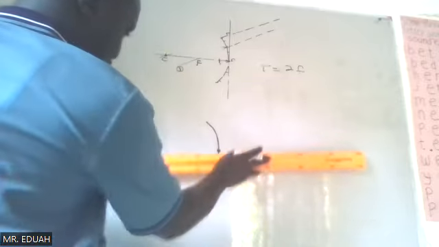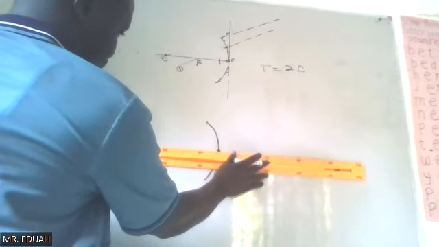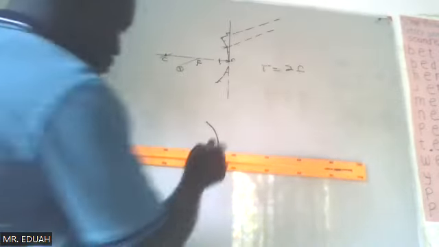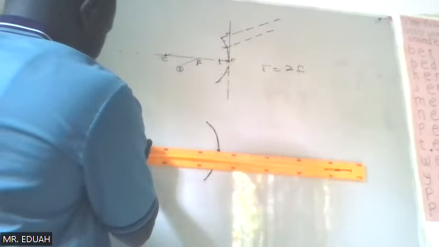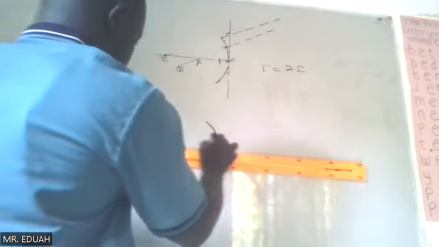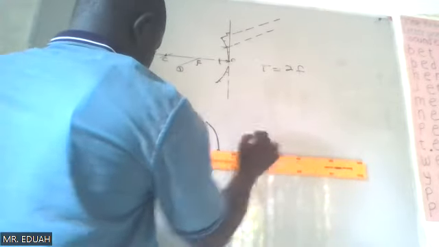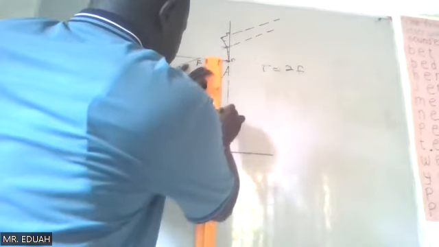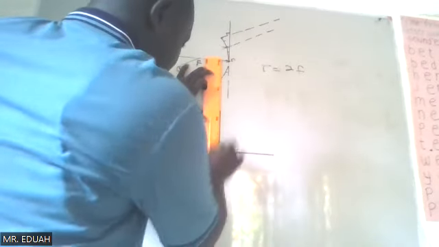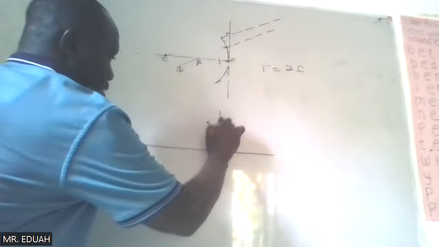There's the center, which is the pole. Now, there's a vertical line to cater for reflections beyond the aperture of the mirror.